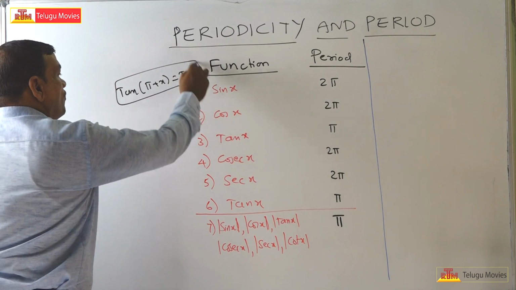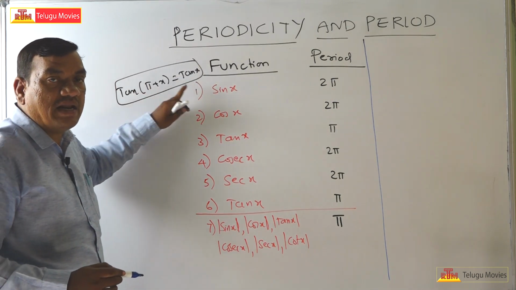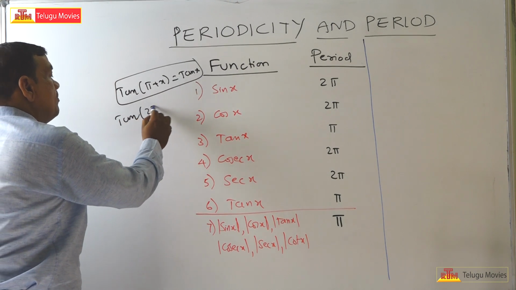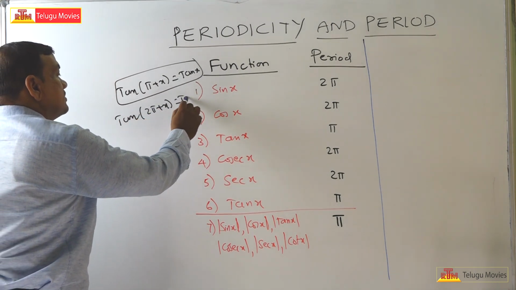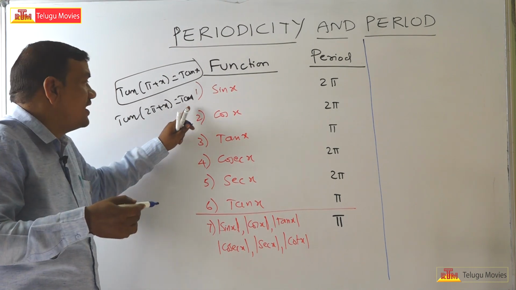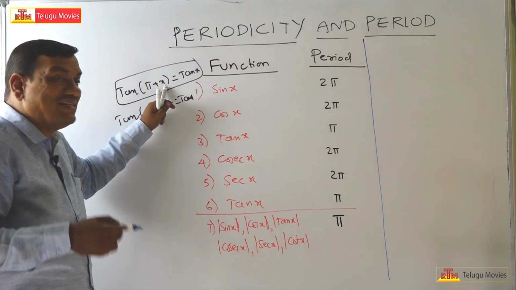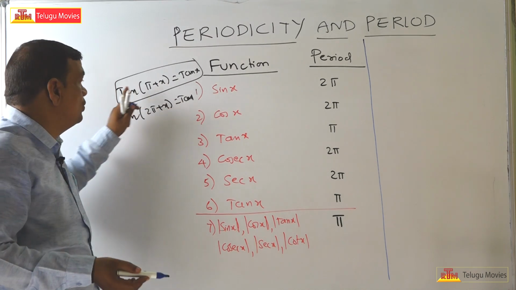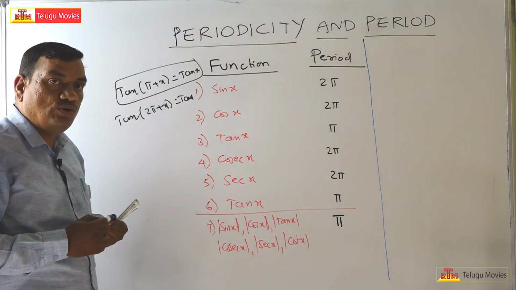That is a known fact. Actually, tan of 2 pi plus x is also tan x, because 2 pi plus x is in the first quadrant, so tan x comes again. Pi plus x goes to the third quadrant, where tan is positive, so tan of pi plus x is equal to tan x.